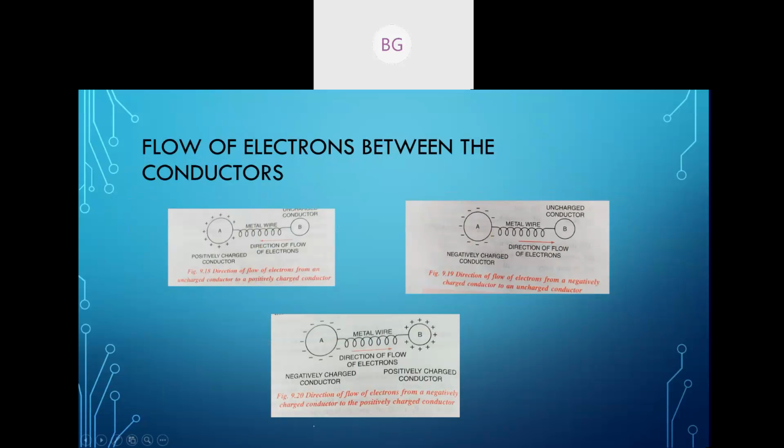And if I have two conductors, one negatively charged, the other positively charged, and these are connected, then electrons will move from negatively charged conductor to positively charged conductor. So this is how the electrons flow. This gives us the direction of flow of electrons when we have charged or uncharged conductors connected with a wire. Hope you all have understood this.